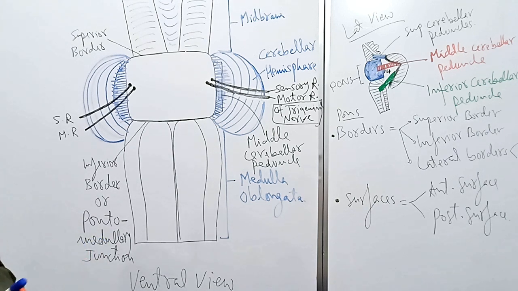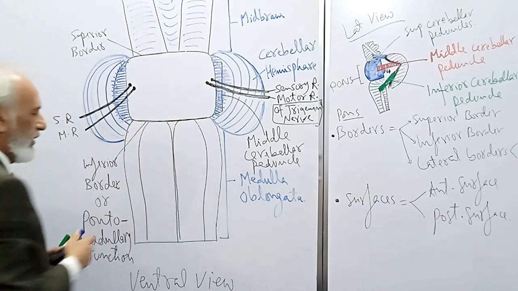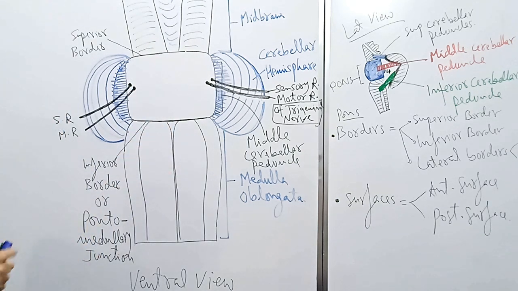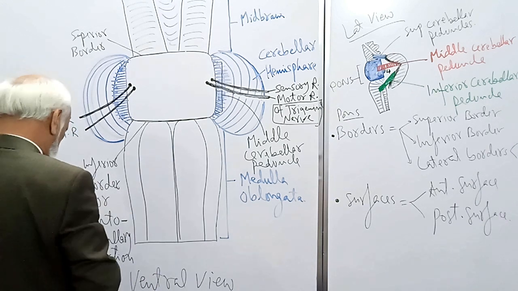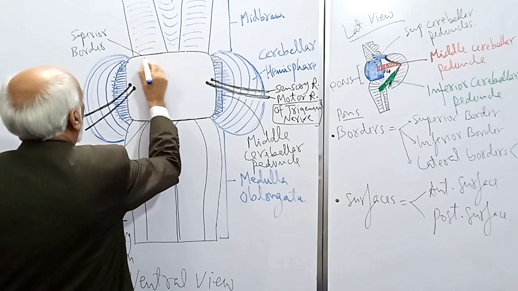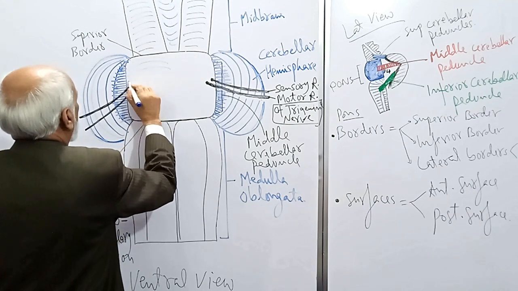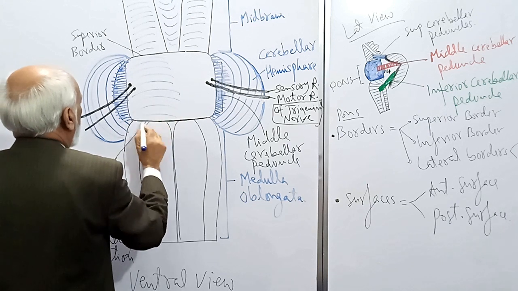Next, surfaces of the pons. Now this is the anterior surface of the pons. It is convex from side to side and convex from above downwards.